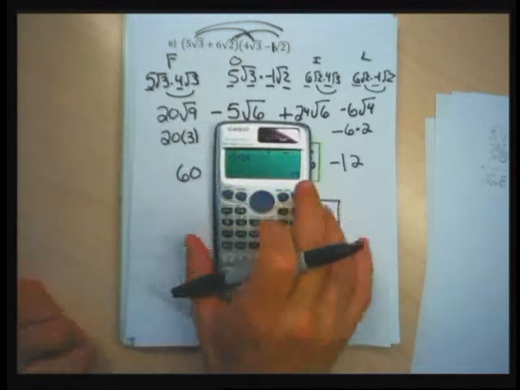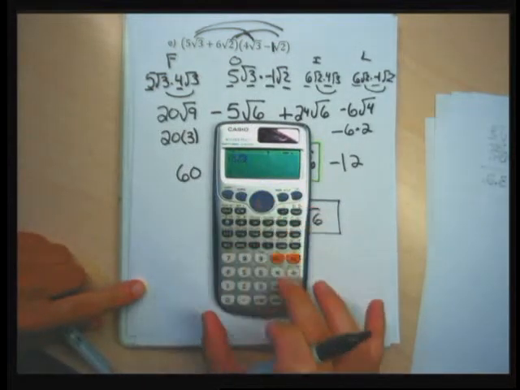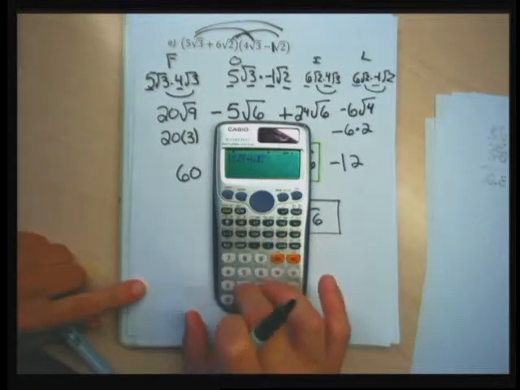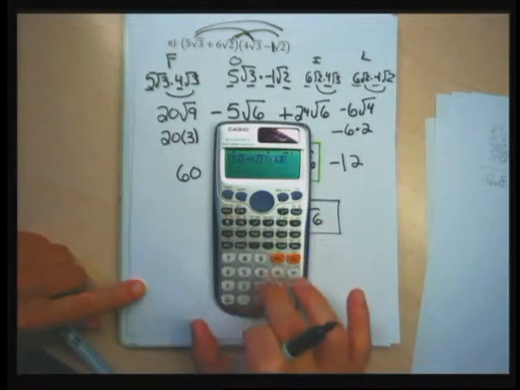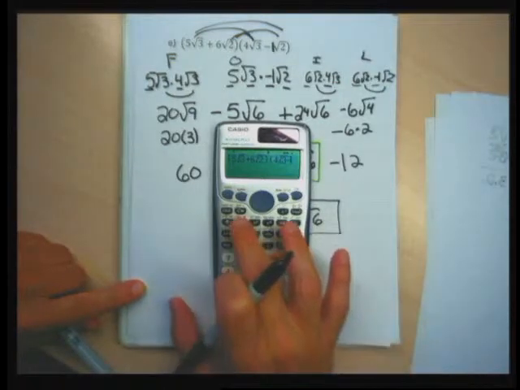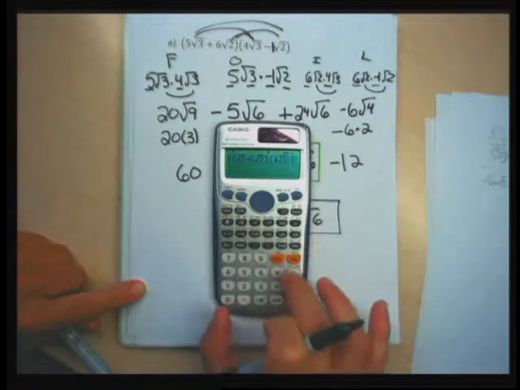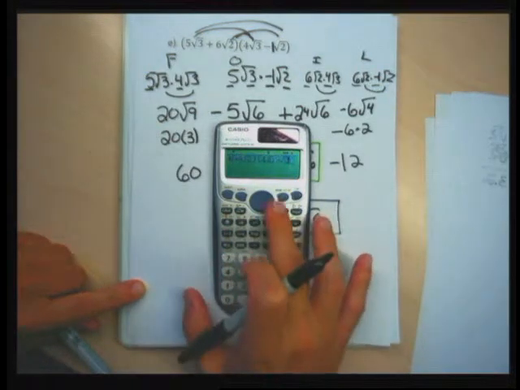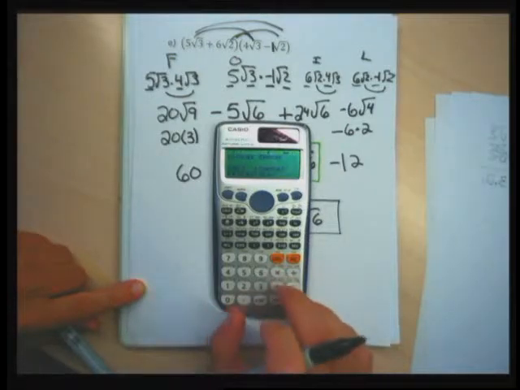So let me double check. The initial problem is 5 square root of 3 plus 6 square root of 2 times 4 square root of 3 minus square root of 2. I think I entered it just like it looks, and obviously I didn't.